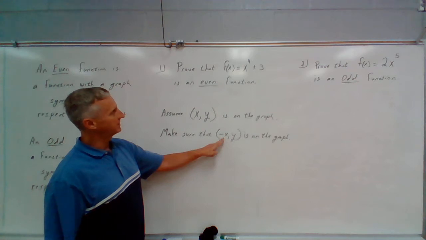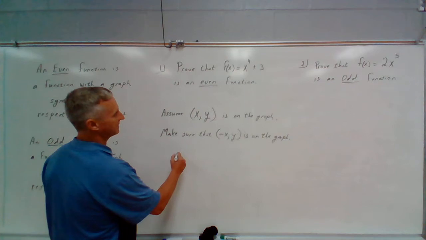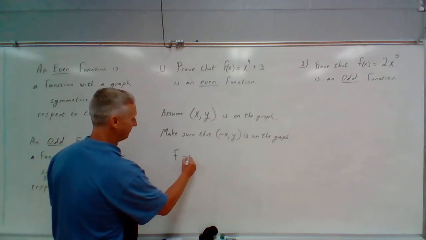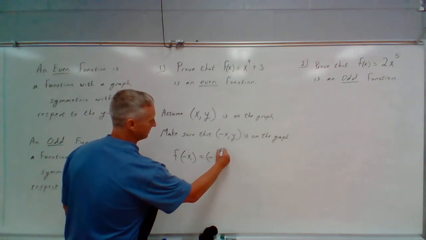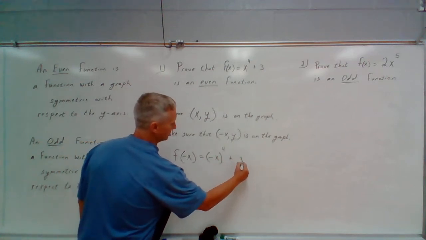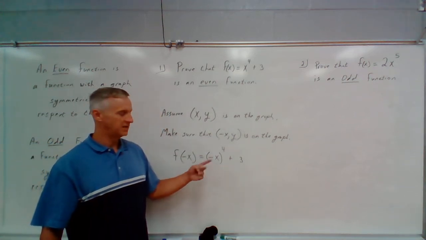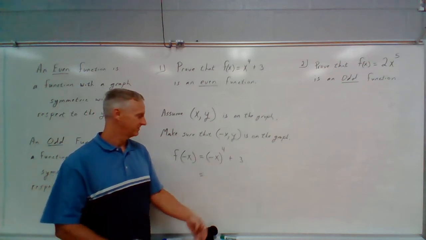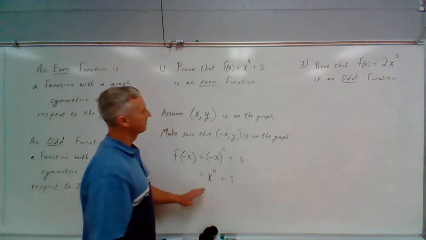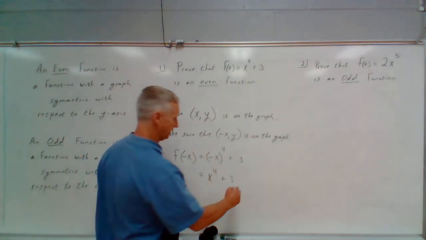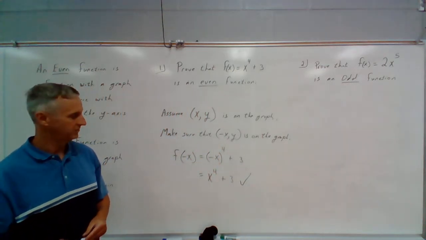Let's plug negative x in for x. If I put negative x in x's spot, I'll be finding f of negative x. It's (-x) to the fourth plus 3. (-x) to the fourth is negative x times negative x times negative x times negative x, which will be x to the fourth plus 3. We get right back to where we started, so we know that that point is also on the graph.